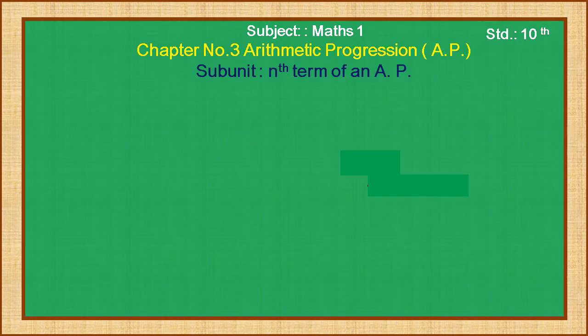Students, we have obtained the formula for finding the nth term of an AP, and it is denoted by Tn. The formula is Tn equals A plus (n minus 1) into D. Now we are solving the previous question using this Tn formula.